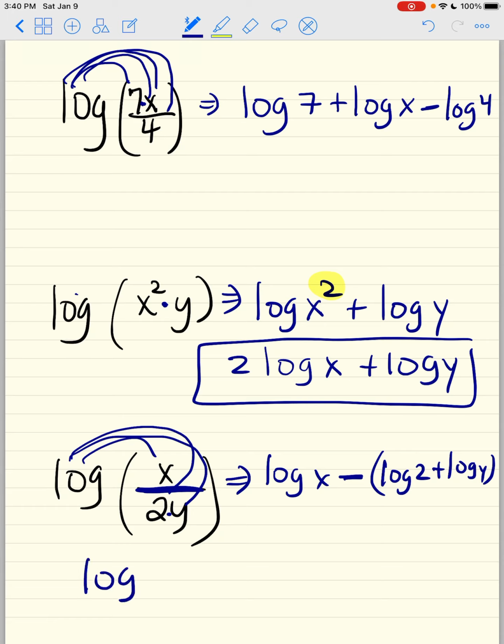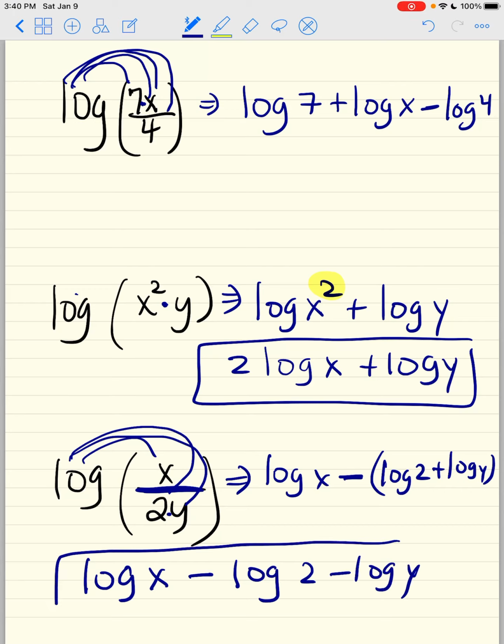So it's going to be log x minus log 2 minus log y. If you want the shortcut, anything in the denominator should have a minus in front of it, and then you can avoid all of this. You need a minus because they're both in the denominator.